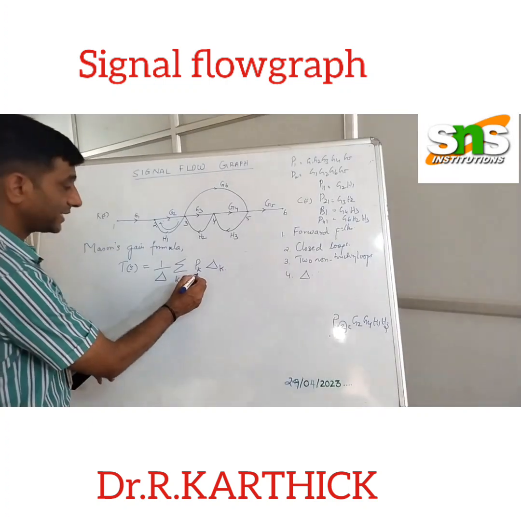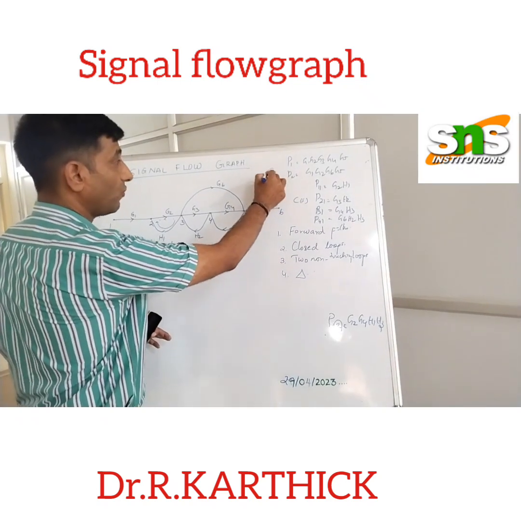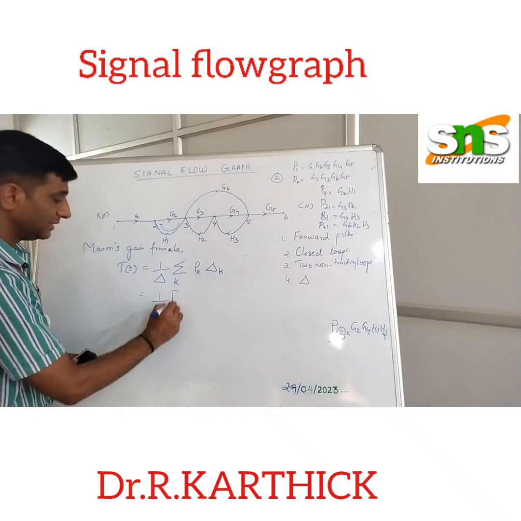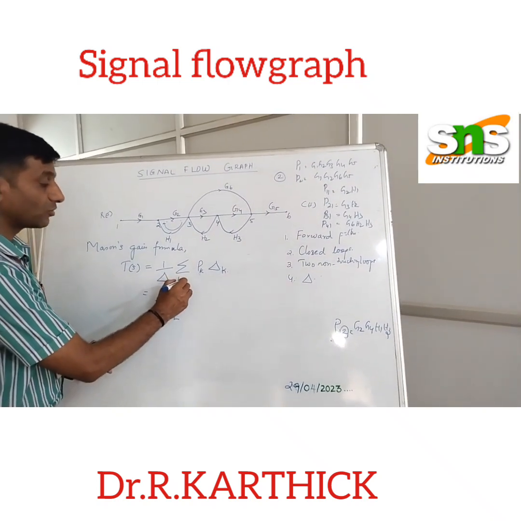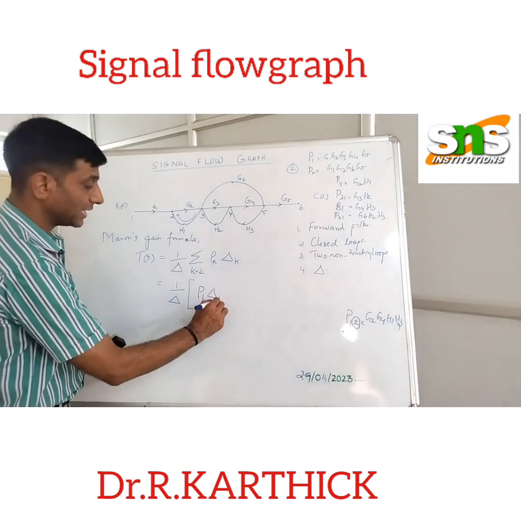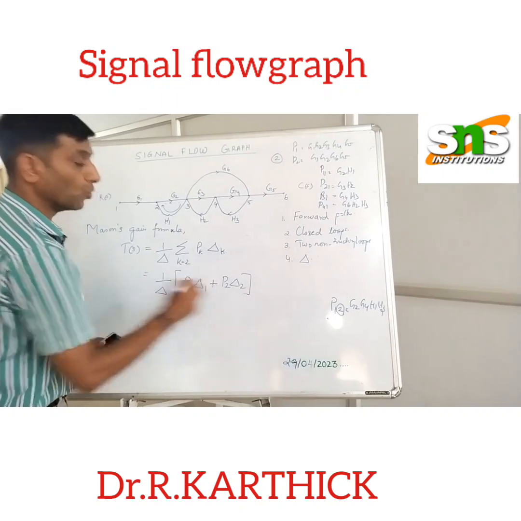Now this k stands for the number of forward paths, which we have identified; we have 2 forward paths. So this formula will become 1 divided by delta, where k is equal to 2 in this case. So it is P1 delta 1 plus P2 delta 2.